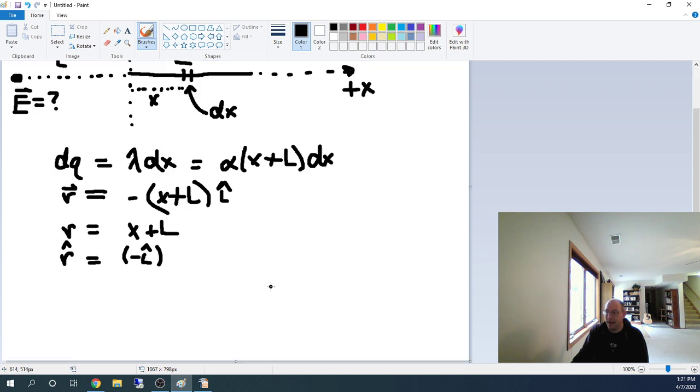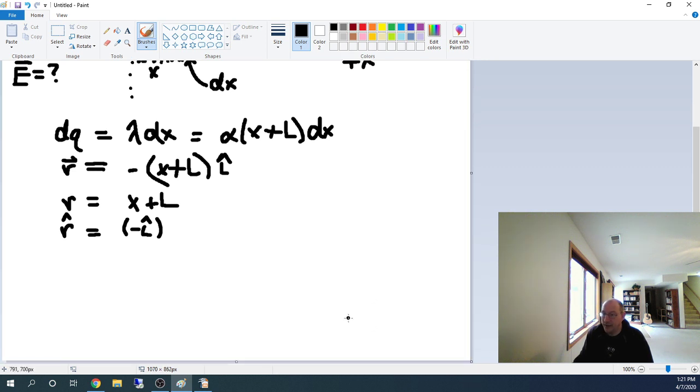So I'm going to move this down a little bit. We don't have a ton of space. Maybe I'll try to make some more space here, just in case we need it. Okay, so now the electric field at that spot will be equal to the integral of, I'll just put it generally, k times dq over R squared, R hat, and then I've got to integrate over the whole thing.